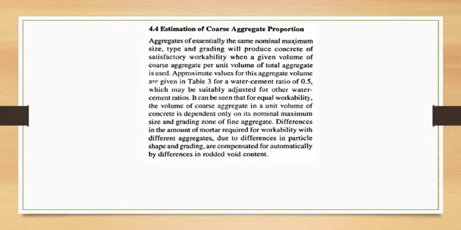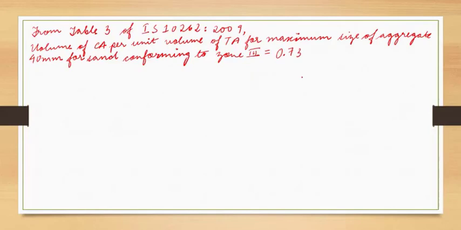0.73. But according to clause 4.4 of IS 10262-2009, this value is applicable only when the water cement ratio is 0.5. But if the water cement ratio is less than or more than 0.5, then we have to make certain adjustments. So yate amar water cement ratio kiman hoy?